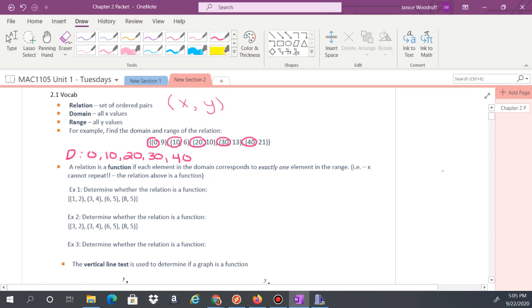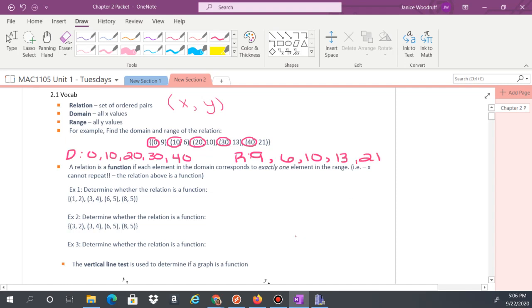And then if we wanted to find the range, we would do the same thing. Now we're looking at the y values, so the ones that are coming second in the ordered pairs. So you have 9, 6, 10, 13, and 21.